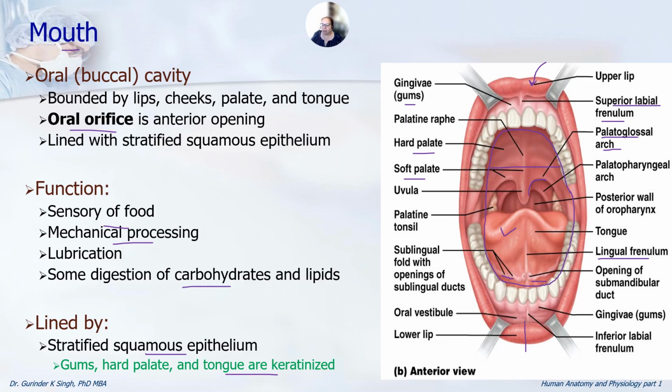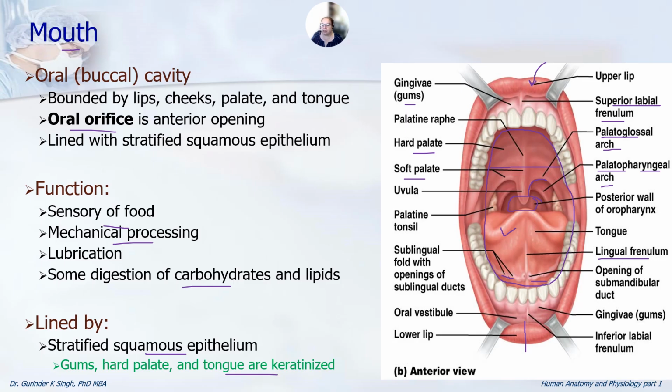Behind it, the posterior one is known as the palatopharyngeal arch, because the opening here is going to be near the pharynx, or also we call it the oropharynx or nasopharynx areas. Hence we can call it the palatopharyngeal arch.